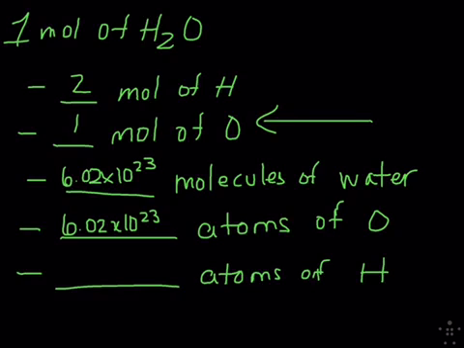How many atoms of hydrogen? 1.2 times 10 to the 24th. What did you do to get that number? 2 times 6.02 times 10 to the 23rd, to give you your atoms of hydrogen.